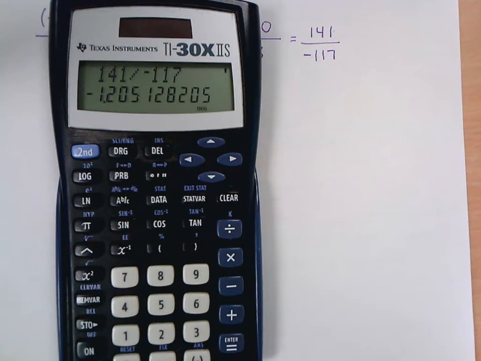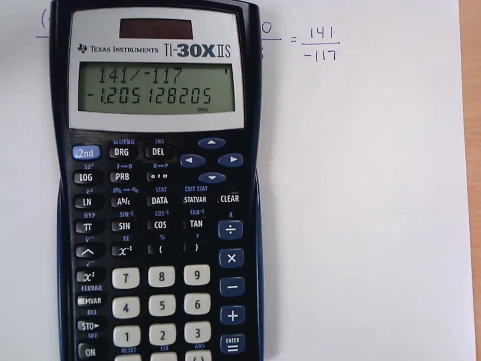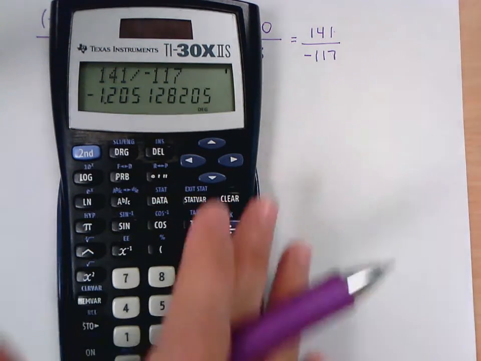If it's a repeating decimal, I want you to leave it as a fraction, because if you write the decimal, you are approximating the answer and it's no longer exact. If it was a terminating decimal, like 0.5, I'm fine with that because 0.5 is exact. Does that make sense? I just always want exact answers, not approximated answers unless the directions specifically say approximate to the nearest hundredth or whatever that might be. I usually leave answers as fractions unless we have to use them in a problem and I can change it to a decimal. In that case, it's fine.